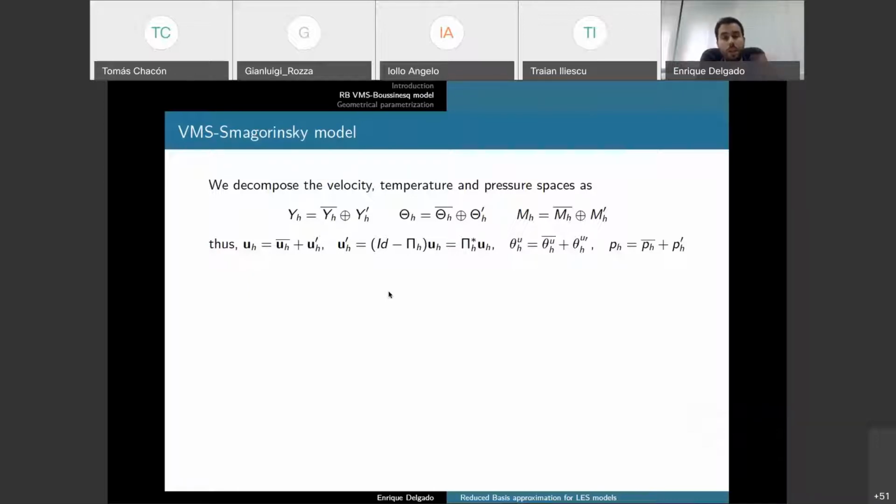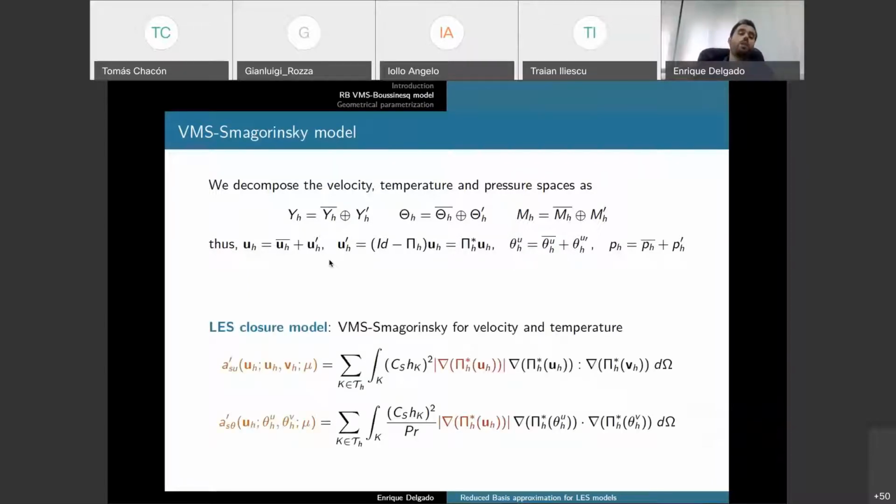We decouple the velocity, temperature, and pressure spaces into the large resolved scales and the small resolved scales. And we consider that the velocity, pressure, and temperature are decomposed this way.